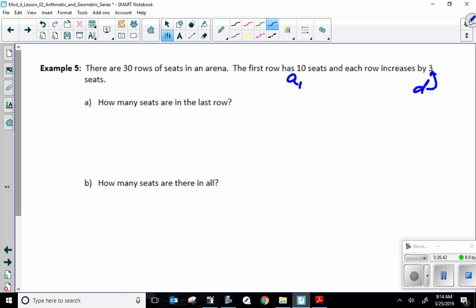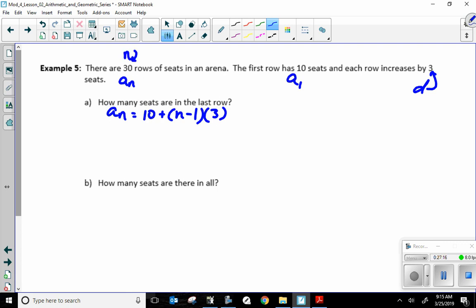So A sub n equals 10 plus n minus 1 times my common difference, which is 3. I can find any output if I know the n value, which number term. If there are 30 rows of seats, and they want to figure out how many seats are in the last row, n is 30.